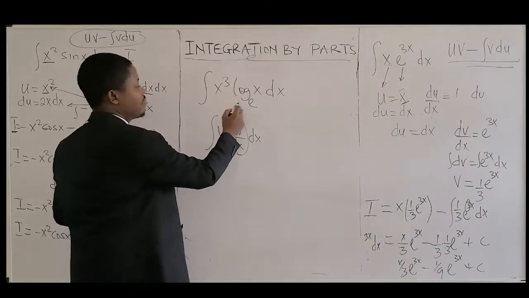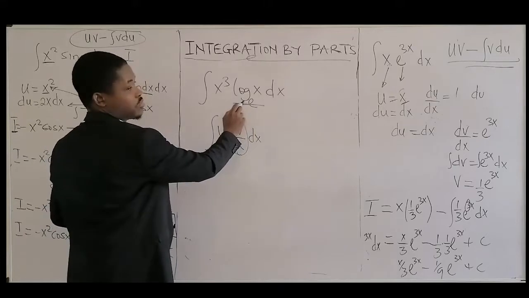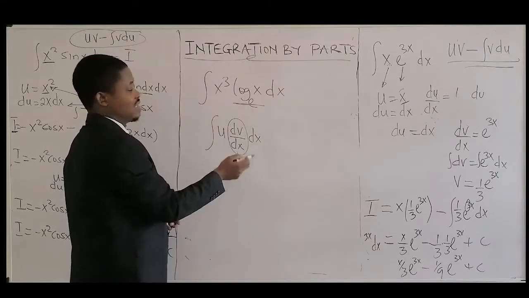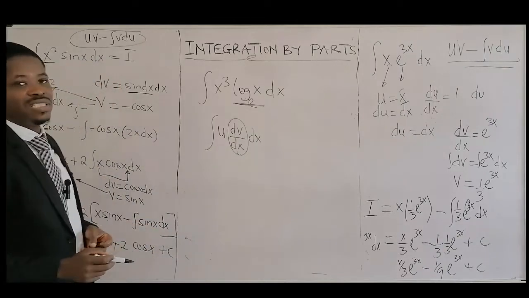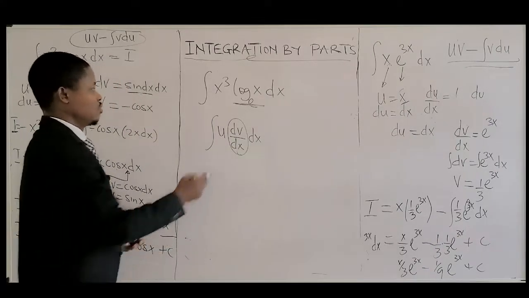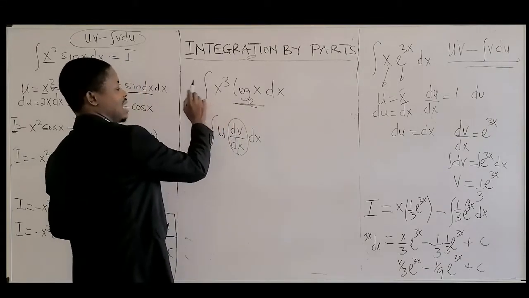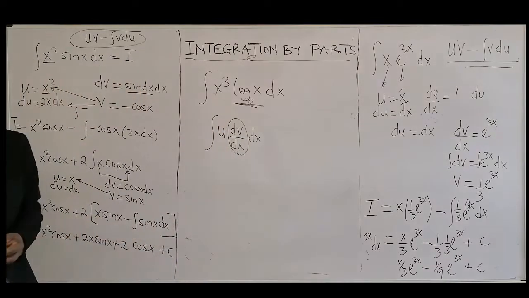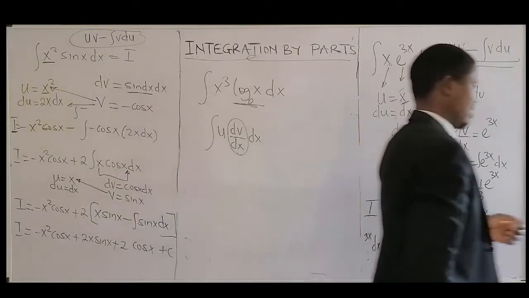So it will be much better for us, we don't even have an option, this must be u, because we can easily differentiate this. There is no table for log x base e for integration. So we'll call this one our u, then we'll call this one our dv dx. So that's what we're going to do in that question.